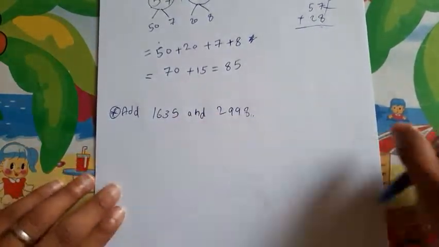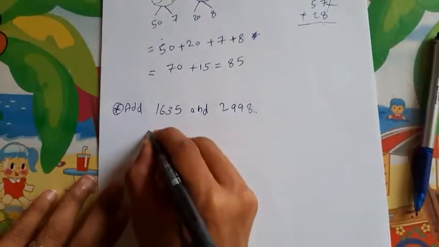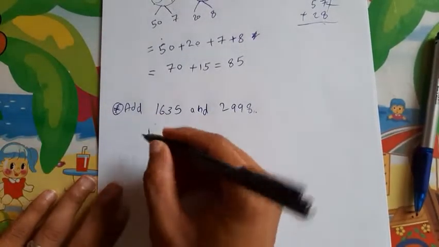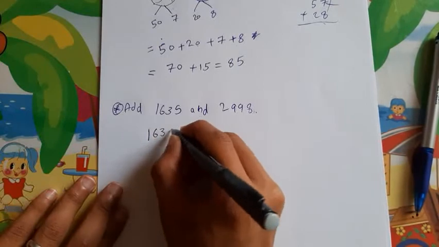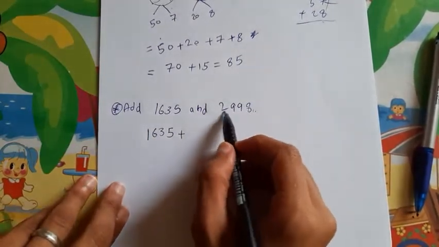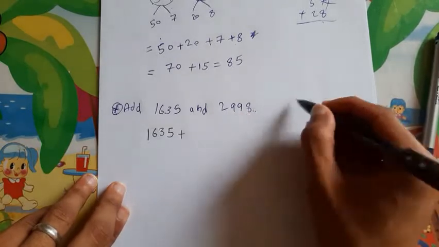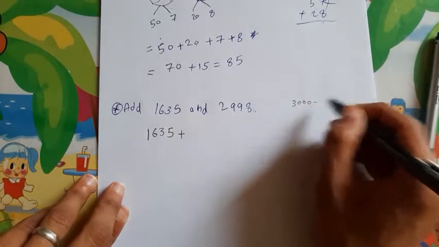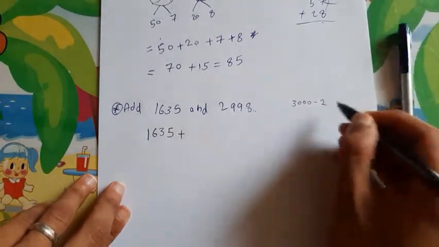look what I'll do. 1635 plus 2998 is like what? 3000 minus what? Minus 2, right?